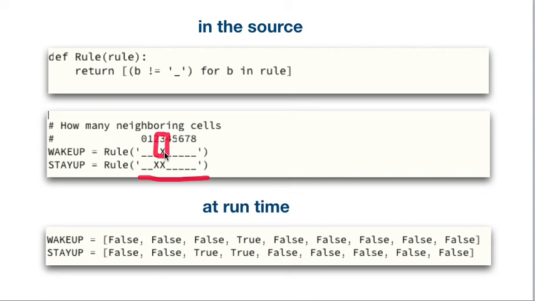Now to make that, it turned out to be basically a 1-line piece of code. And we're using list comprehension. So we're going to make a list. That's the part right here. And this is the list comprehension example. It says for B in rule, so B in this case is going to be a character because rule is passed as a string. For each character, the list element will be a logical condition, so true or false, based upon whether or not B is the underscore.